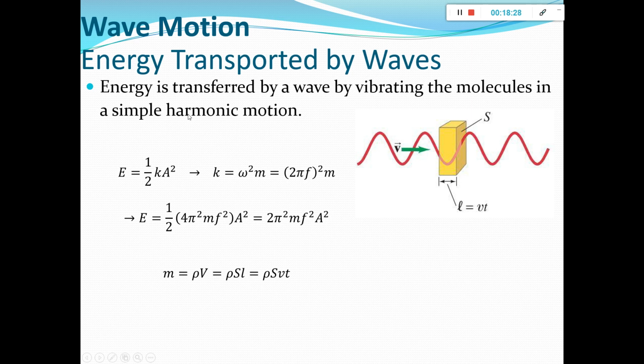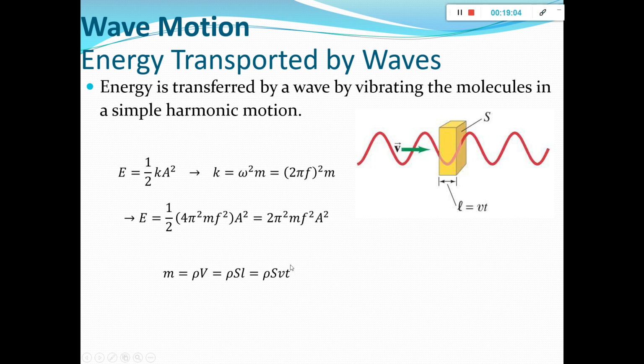Now, as we're talking about the wave moving through a medium, a lot of times it's not really useful to talk about mass, since for things like lengths and volumes, three-dimensional waves, transverse waves, it can be kind of pointless. So we'll switch mass with density times volume. Then we're going to consider a case of a wave passing through this imaginary block.